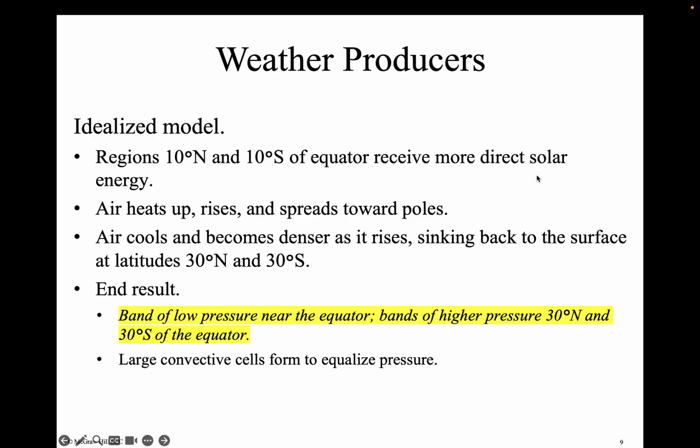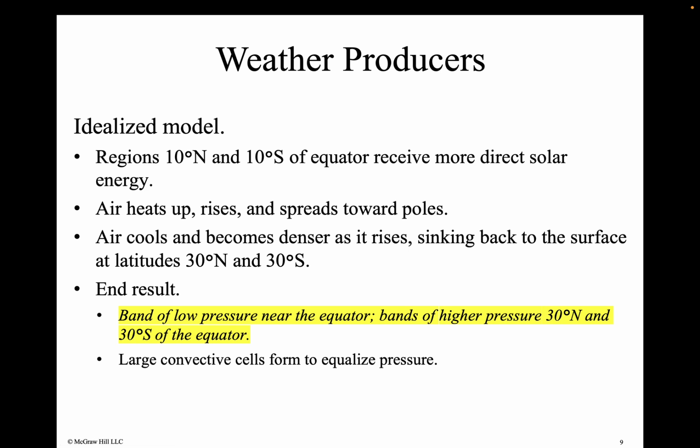And we said that in those regions closer to the equator, the air will heat up, and as it heats up, it expands and becomes less dense. Because it's becoming less dense, the air will rise, okay? And as the air rises, it starts spreading towards the poles, north and south, okay?